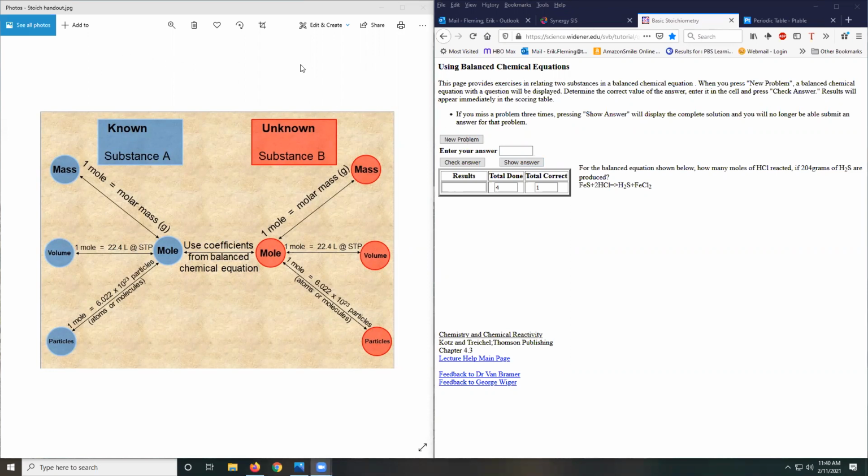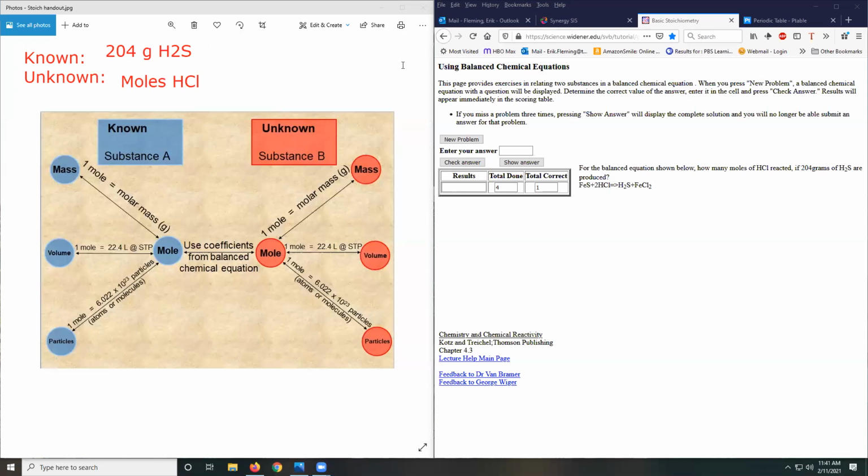So what's my known in the problem? 204 grams of hydrogen sulfide. So I've got known 204 grams. And what's my unknown? How many moles of HCl reacted?